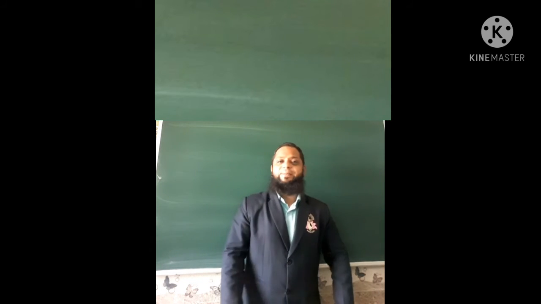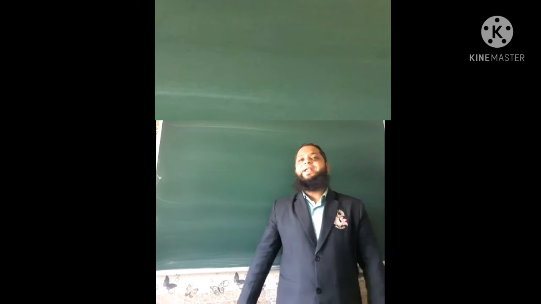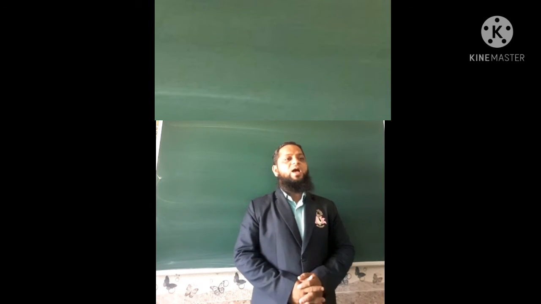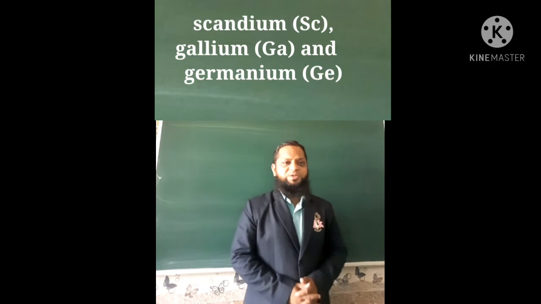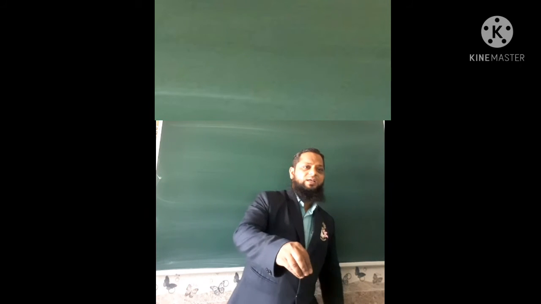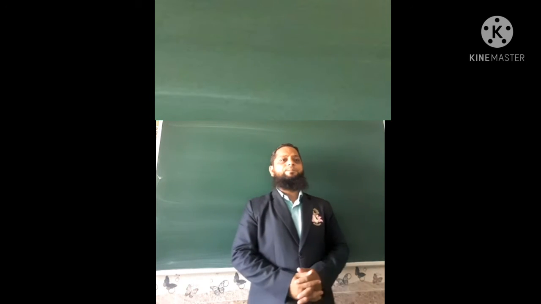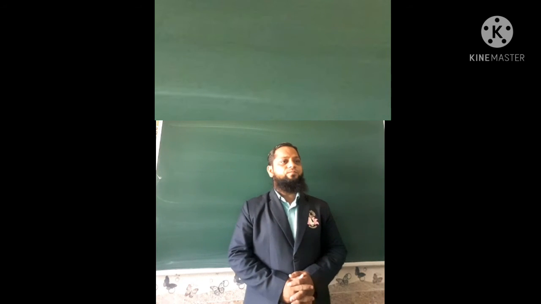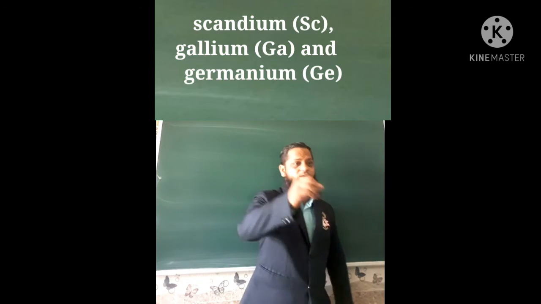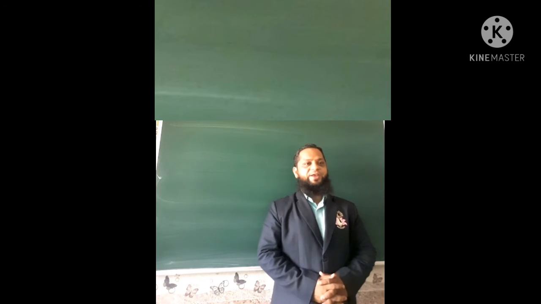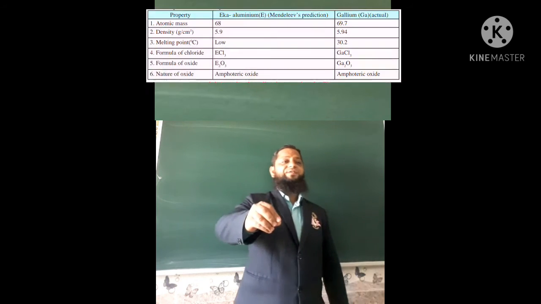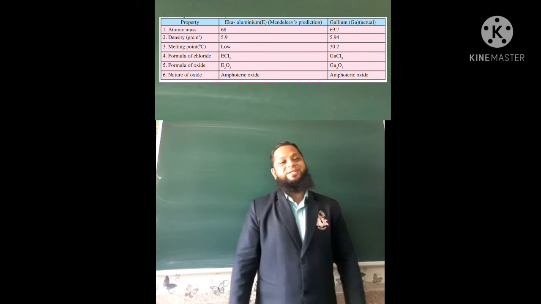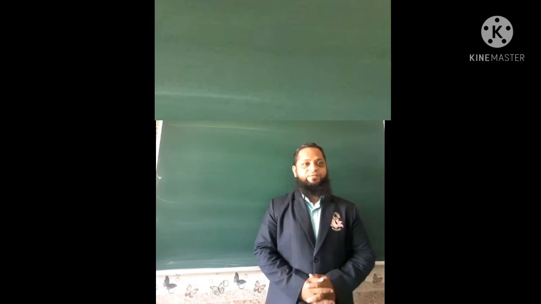Later on, these elements were discovered and named scandium, gallium and germanium. It means that Eka boron is nothing but scandium, Eka aluminium is nothing but gallium, and Eka silicon is nothing but germanium. The properties of these elements matched well with those predicted by Mendeleev.